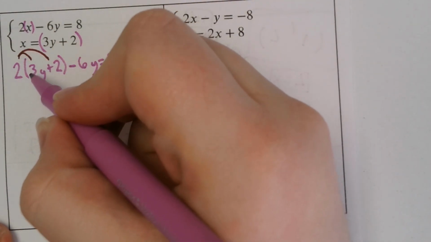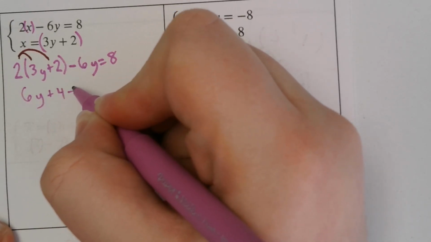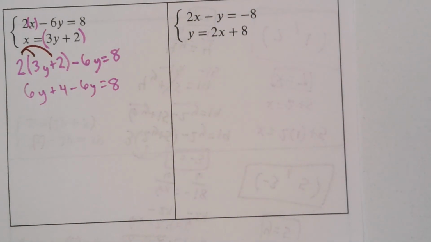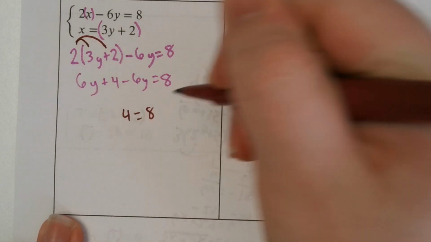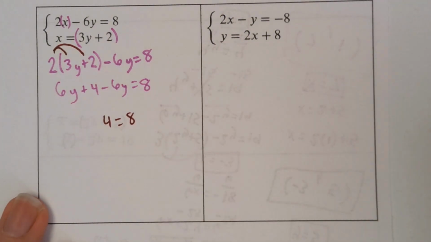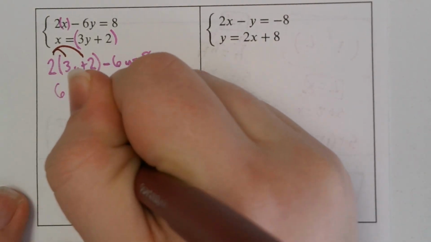So we get 2 times 3 is 6y plus 4 minus 6y equals 8. What's 6y minus 6y? 0. So we're left with 4 equals 8. Is that true? No. So how many solutions do you think we have? Yeah. So this one has no solutions.